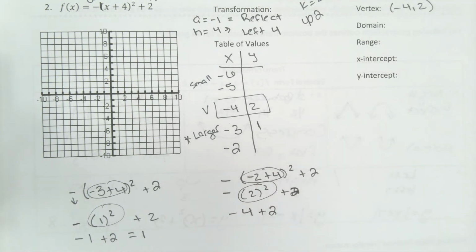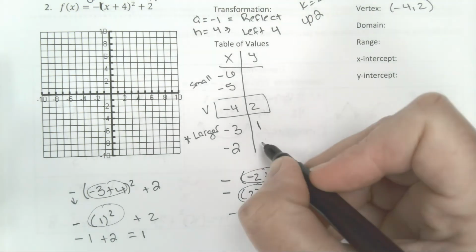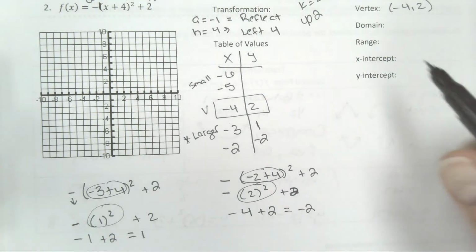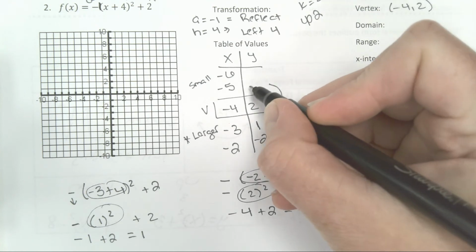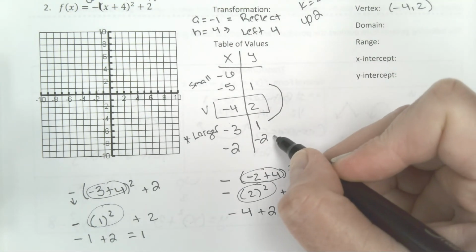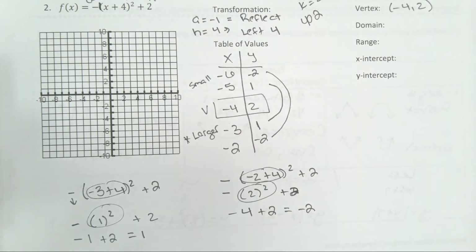So therefore I have -4 plus 2, which equals -2. Quadratics have symmetry. So if this y value is 1, you can reflect it, and that one is also 1. If this y is negative 2, you can reflect it, and that one is also negative 2.